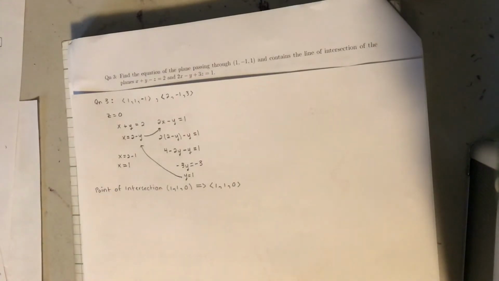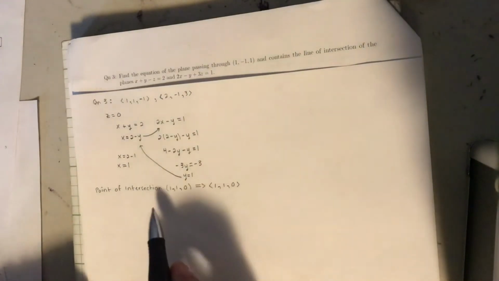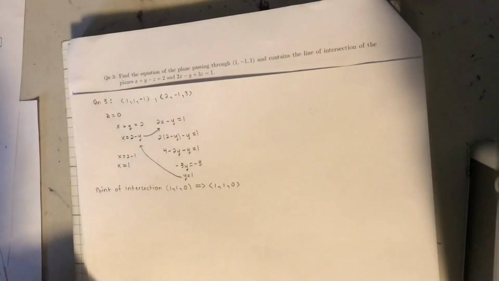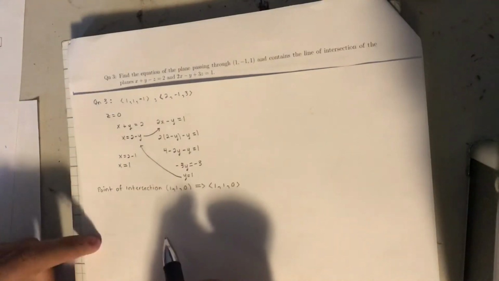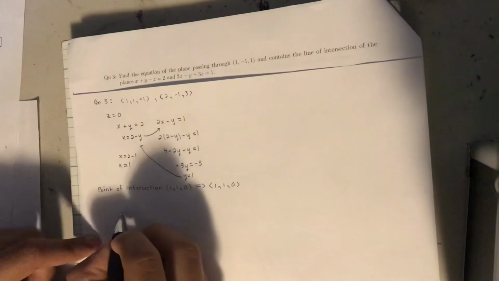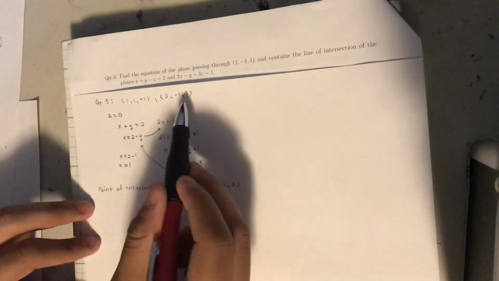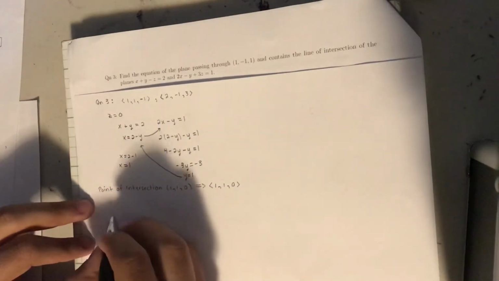Since we want a direction vector perpendicular to these two normal vectors, we can find a new vector by doing the cross product of the two.